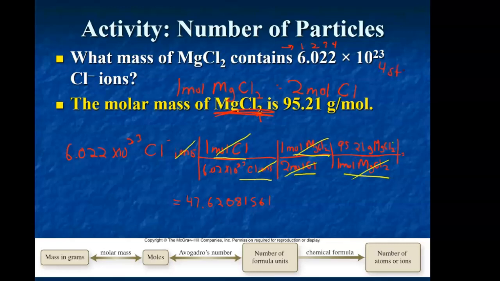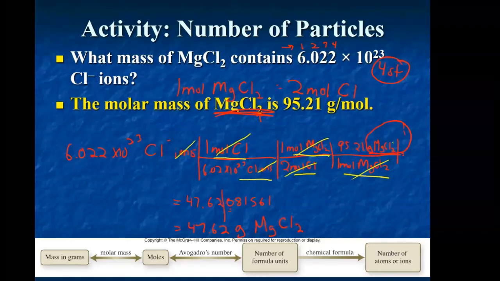This has 4 sig figs. That means our answer can only have 4 sig figs. And since this is a 0, it says leave it alone. So this would be 47.62. And again, here's our unit. Grams of MgCl2.